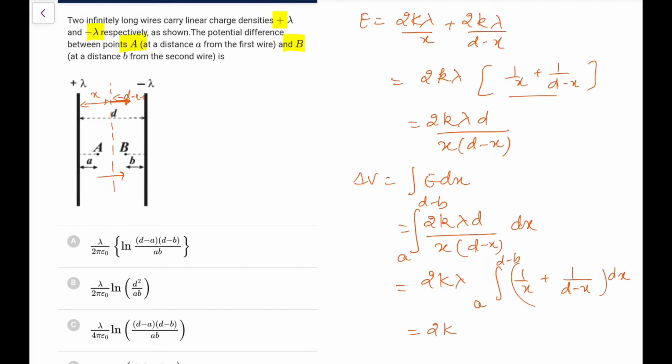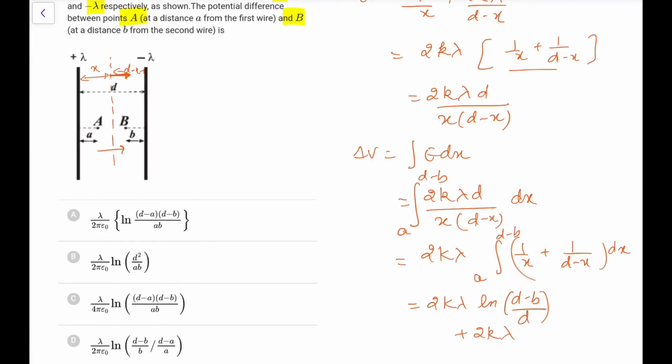So the first term will give me ln of d minus b by a, and the second one will give me 2k lambda, and this would be ln of d minus x, that is d minus b.